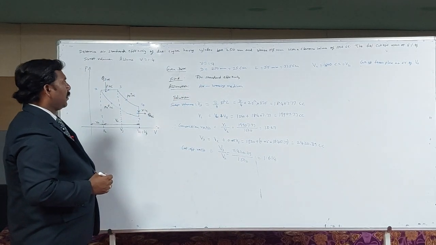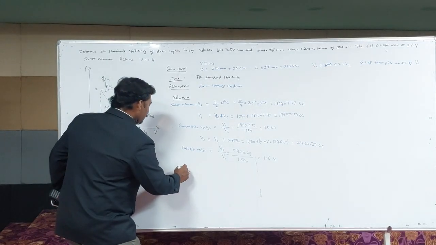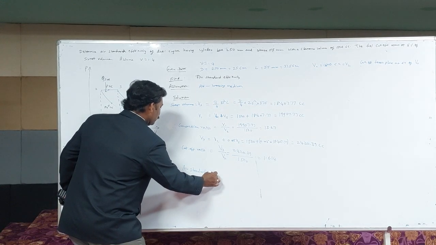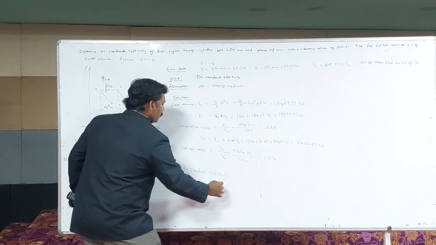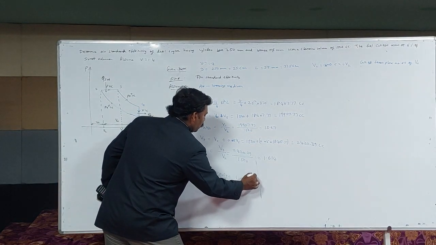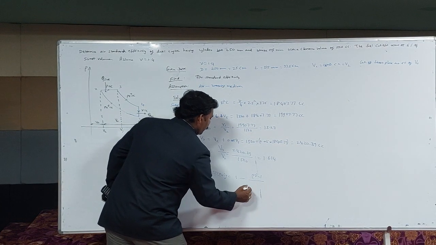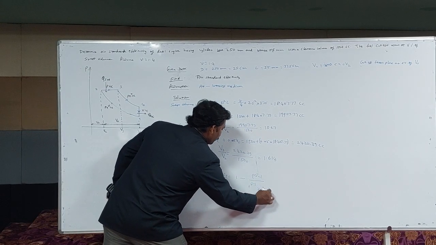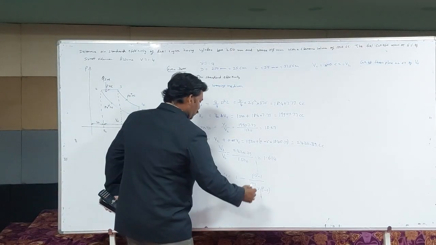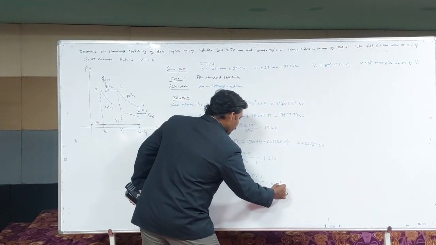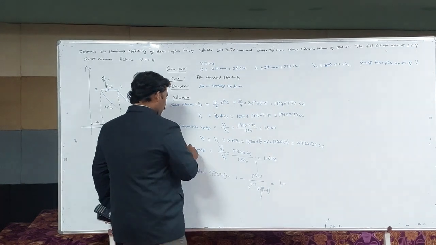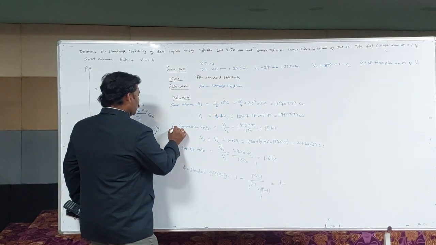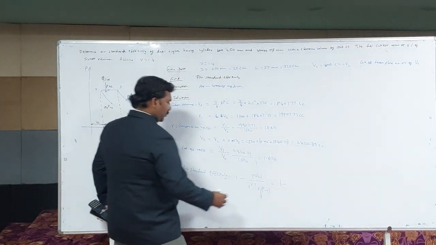Now we have to find out the air standard efficiency. Air standard efficiency for a diesel cycle is equal to 1 minus rho power gamma minus 1 divided by r power gamma minus 1 into gamma into rho minus 1. So we have to substitute the values. Rho is the cutoff ratio, 1.614, and compression ratio r is 13.27.